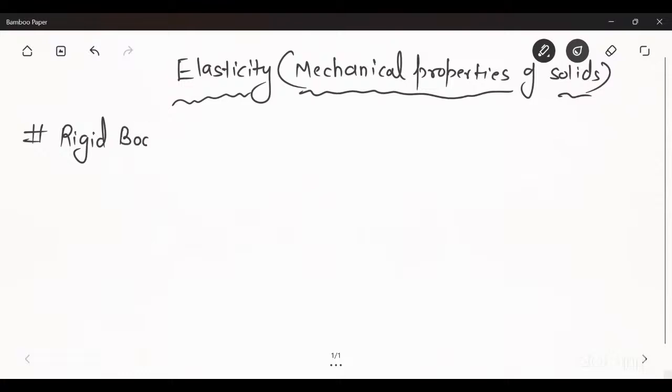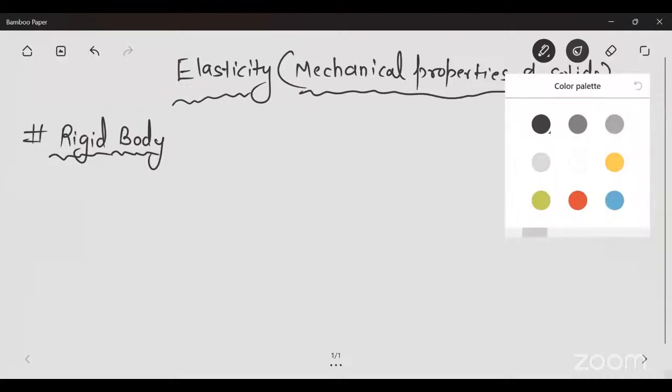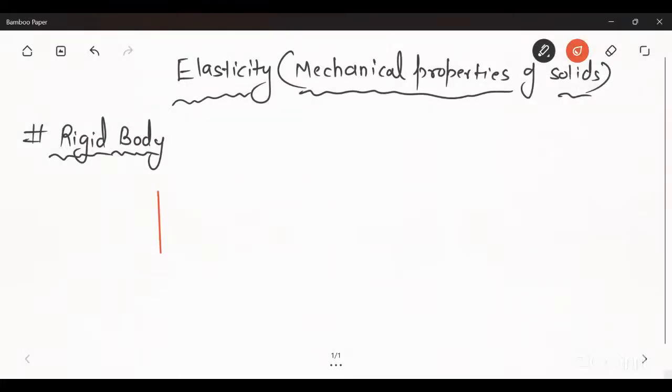Rigid bodies are those bodies in which the intermolecular distance between two fixed points is fixed. Suppose this is point A, this is point B. So this will be the intermolecular distance between them.